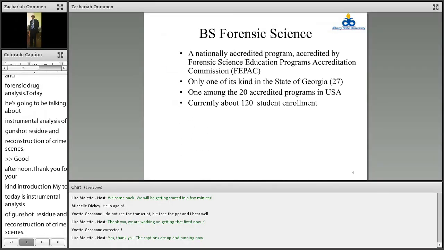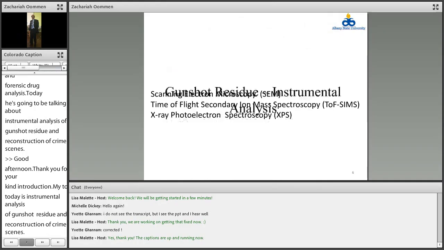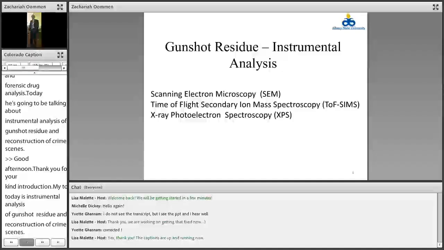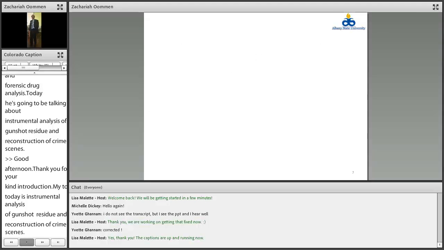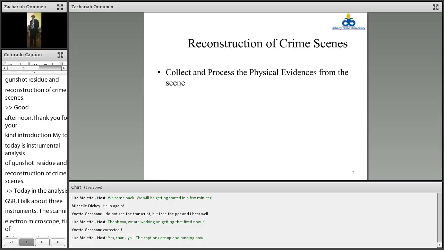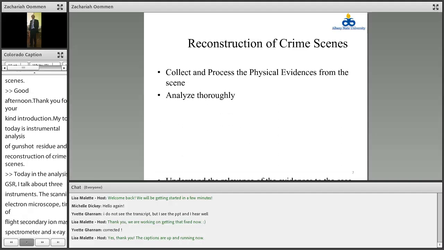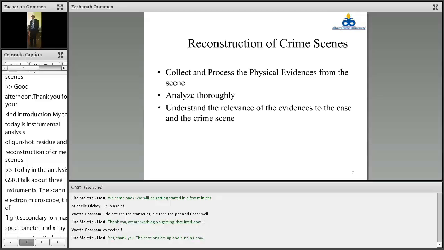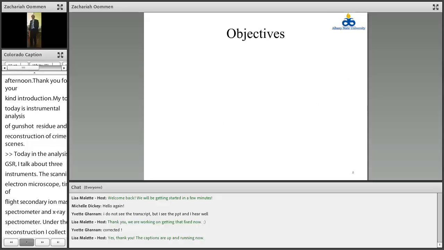So today, in the analysis of GSR, I talk about three instruments: scanning electron microscope, time of flight secondary ion mass spectrometer, and X-ray photoelectron spectrometer. And in the reconstruction, what I do is just collect the evidence from the scene, analyze it thoroughly, and then understand the relevance of the evidence to the case and the crime scene.